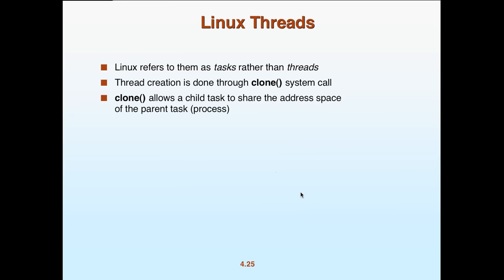Linux refers to them as tasks rather than threads. Actually, you could call them jobs as well. Task and job are pretty much synonymous in most Linux implementations these days. They don't actually call them threads. Thread creation is done through a clone system call, or actually most people would load POSIX libraries in Linux and run POSIX.